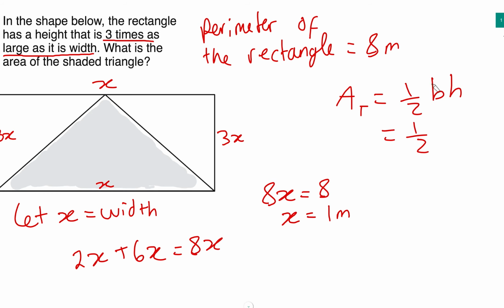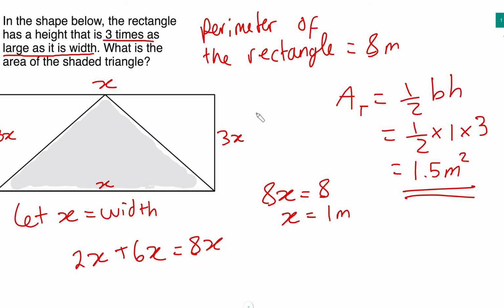So the half stays the same. Now what is the base? The base is this bit over here. And we've just found that x is 1 meter. So half times 1. And then it's told you what is the height. Now the height is 3x. 3 times 1 is going to be 3. If we put that into the calculator, we get 1.5 meters squared. And there is our answer done.